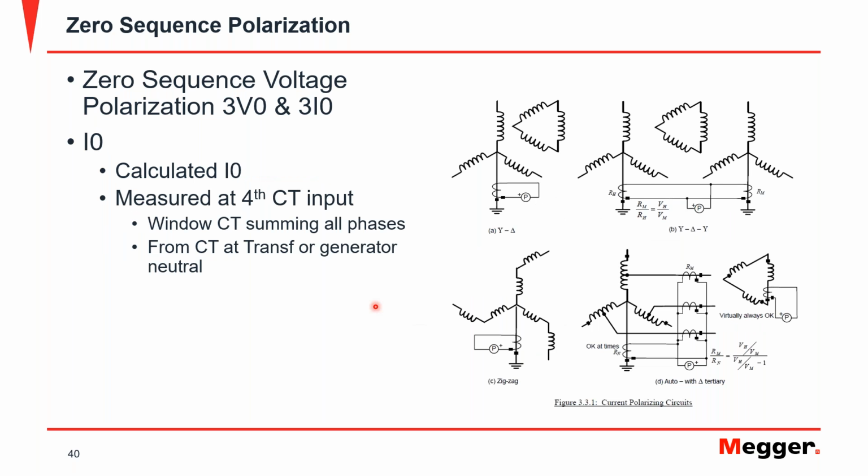And for the case of the I0, same thing: we can calculate the residual current from the 3 relay inputs, or from any relay inputs that we have.